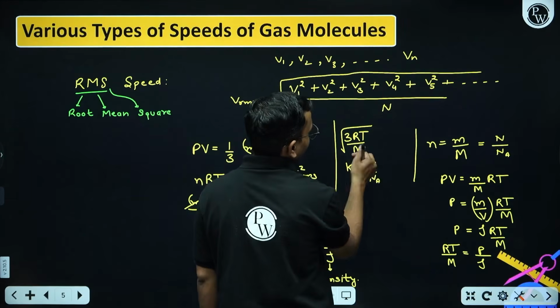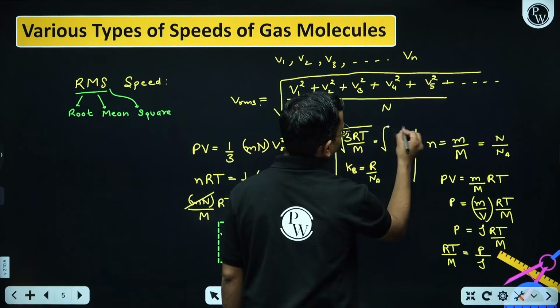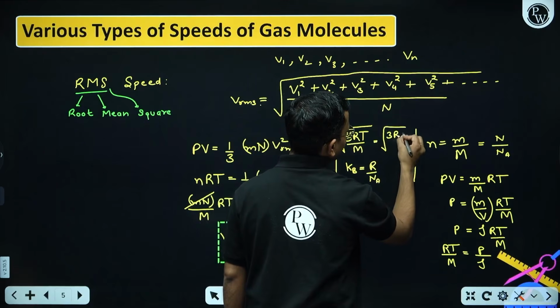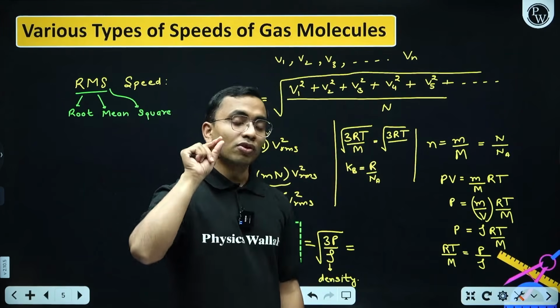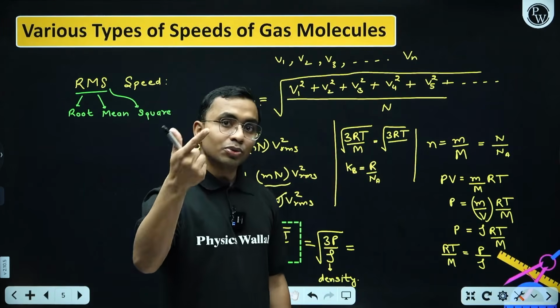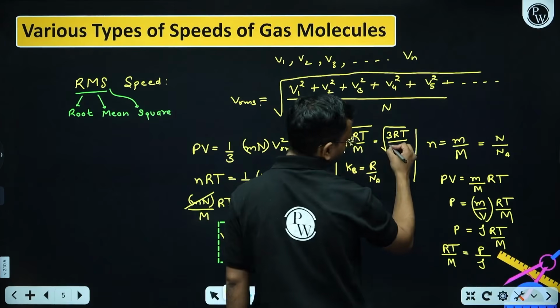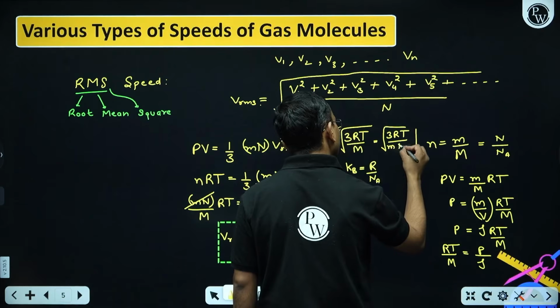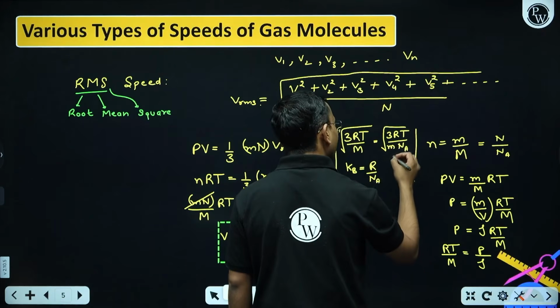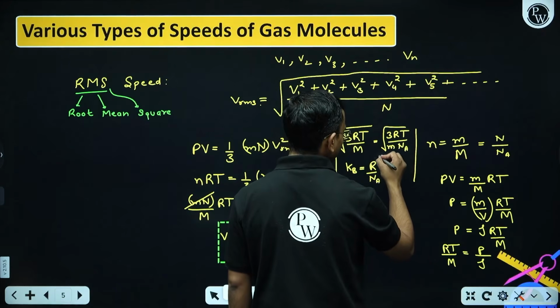This is the molar mass. So this I can say as 3RT. Molar mass is the mass of 1 mole, that is the mass of one particle into the Avogadro number. Mass of one particle or one molecule into the Avogadro number. Now this R by Na I can write as my Boltzmann constant.